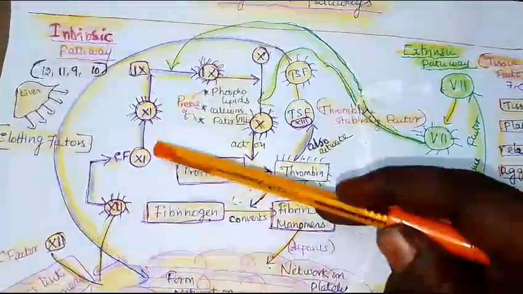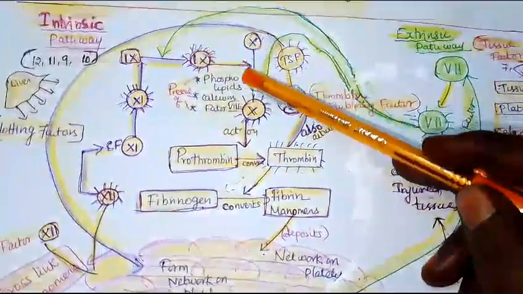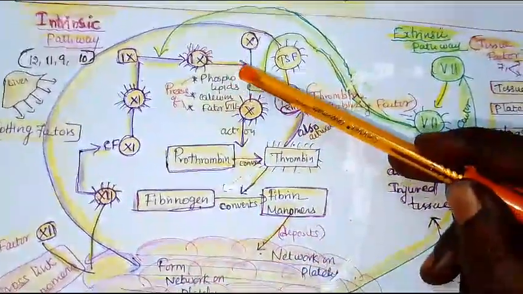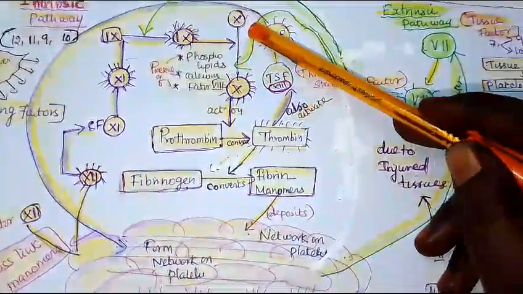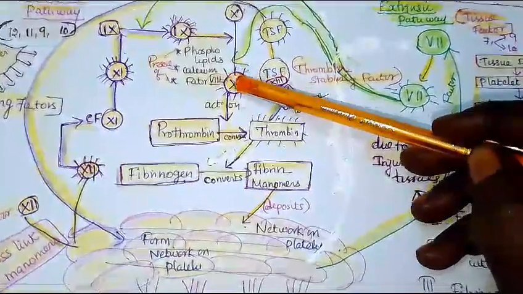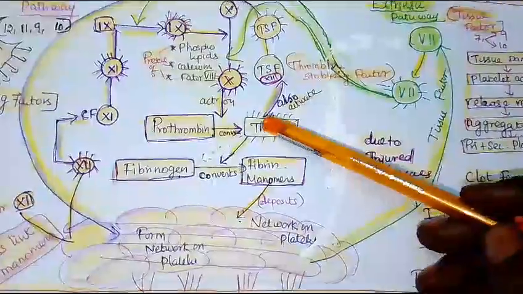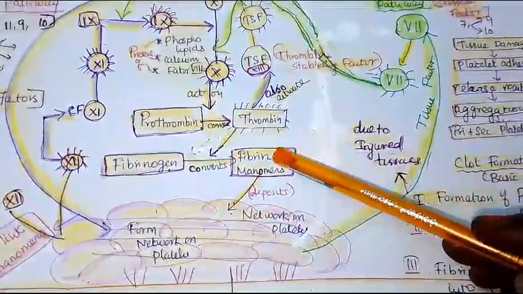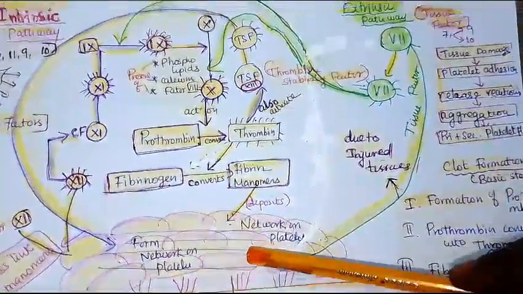It will stimulate the 11, then the 9, and then the 10. With phospholipids, calcium, and factor number 8 acting upon it, the 10 becomes activated 10, and this helps prothrombin convert into thrombin, and thrombin helps convert fibrinogen into fibrin monomer. Again it will be deposited, forming the network of the platelet.